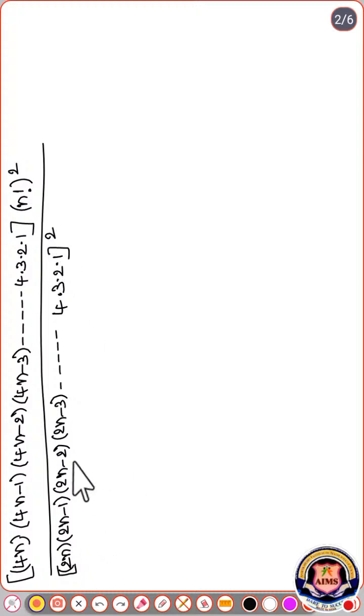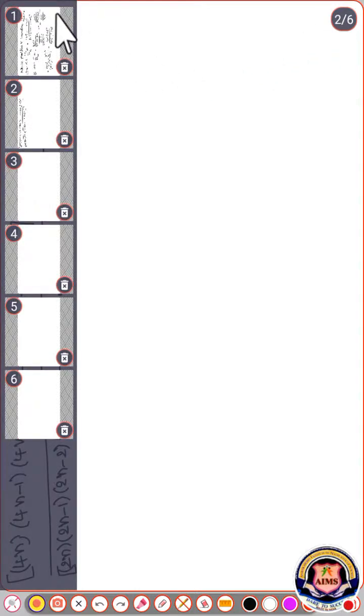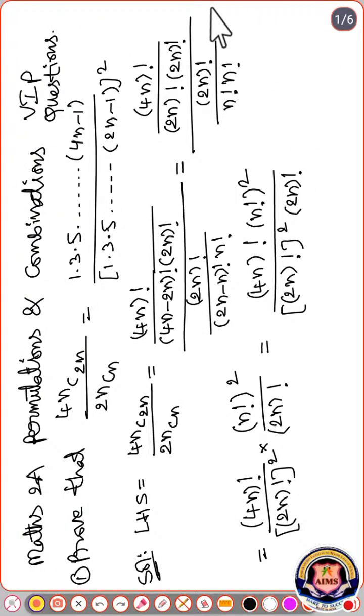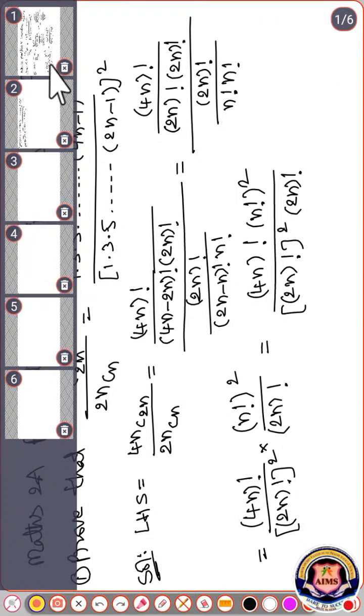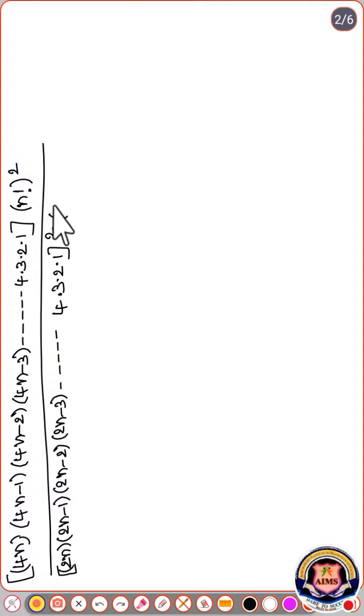Why? Because it is 2n factorial whole square, so the whole square stays as it is. I just wanted to expand 2n factorial: 2n, 2n minus 1, 2n minus 2, 2n minus 3 and so on, 4, 3, 2, 1. Later, my dear, into 2n factorial, you will continue that part as it is.